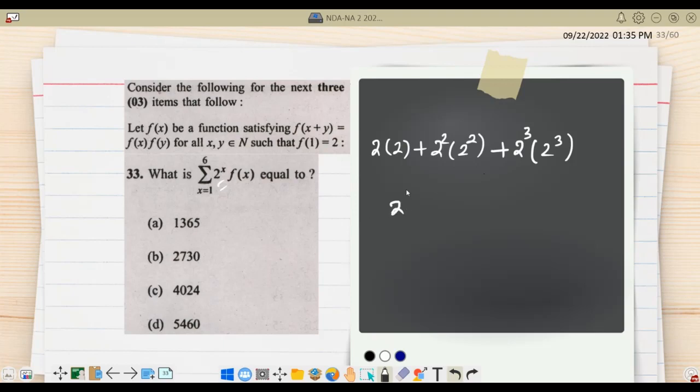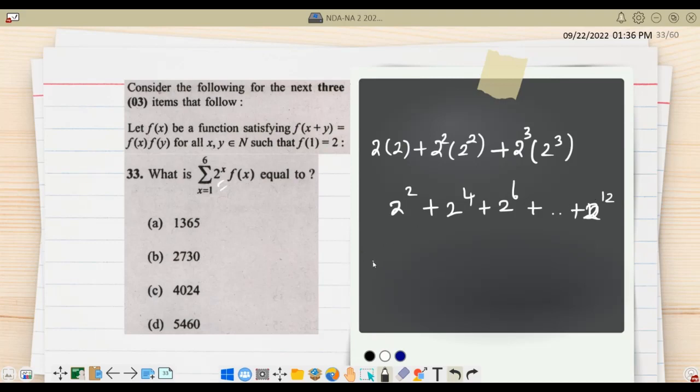So we are going to get 2 square plus 2 power 4 plus 2 power 6 until 2 power 12, right? We are going to get until 2 power 12.